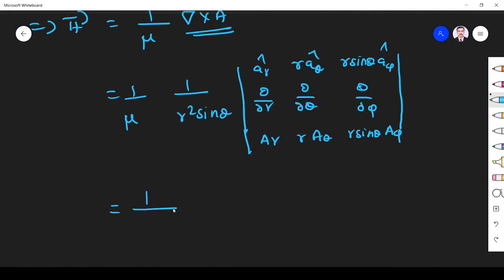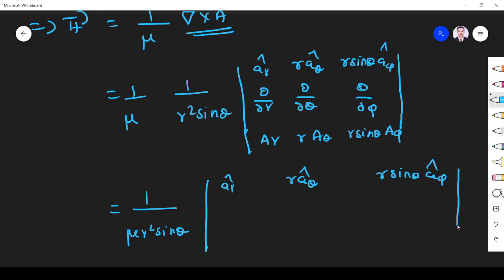So I can write this as 1 by mu r squared sin theta times the determinant with dou by dou r, dou by dou theta, dou by dou phi, where the phi component is 0.